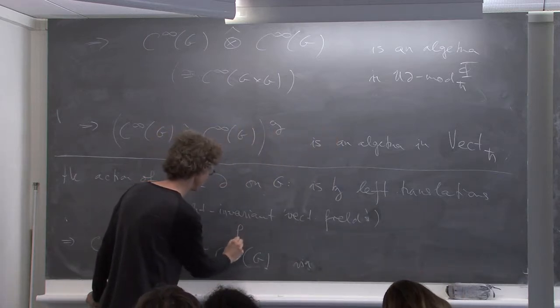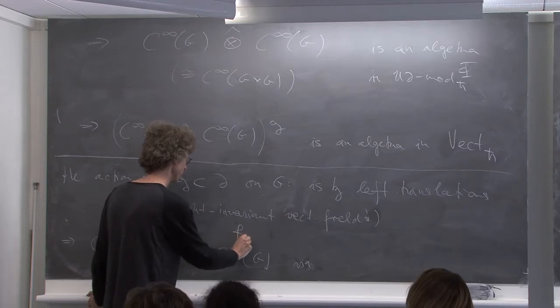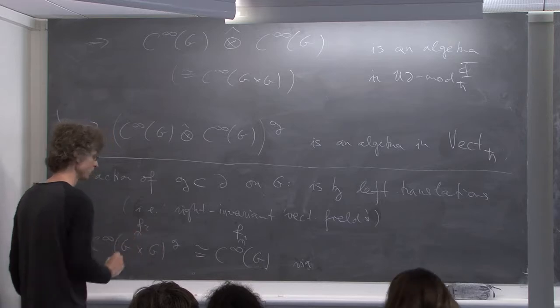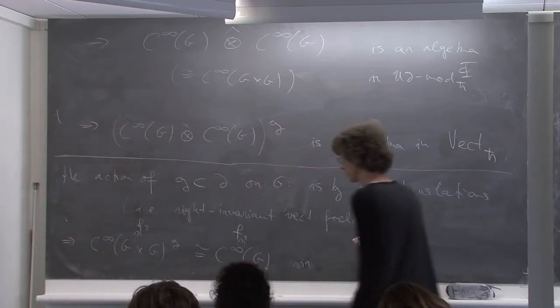If there is some F1 who sits in here, and then there is F2 who sits in here, what is the formula?